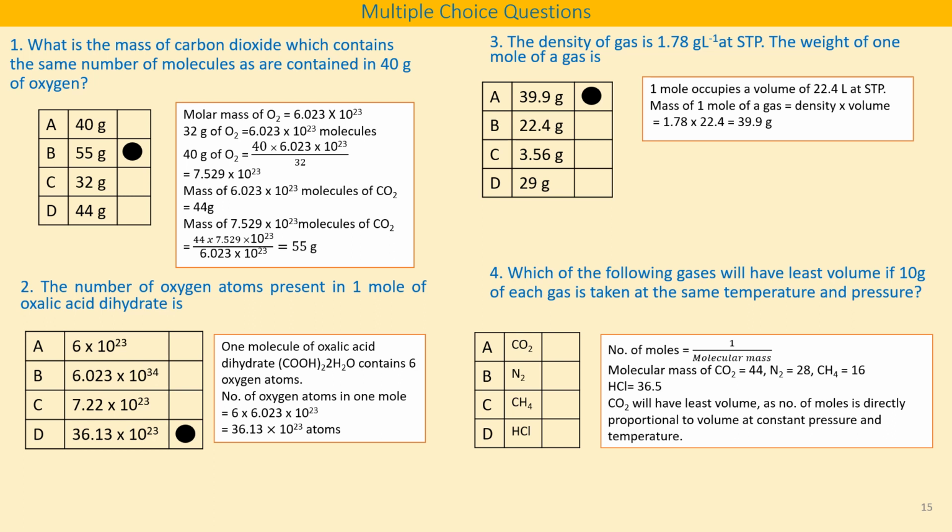Molecular mass of carbon dioxide is equal to 44, molecular mass of nitrogen is 28, that of methane is 16, as well as HCl equals 36.5. Carbon dioxide will have least volume, as number of moles is directly proportional to the volume at constant pressure and temperature. So, mark it. Carbon dioxide will have the least volume. Please mark it.